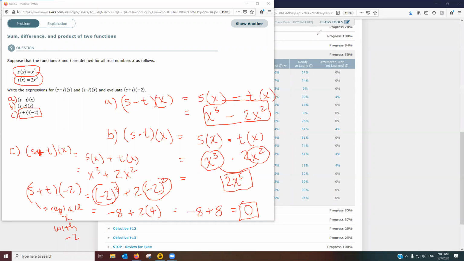Okay. Folks, just a reminder, please remember that you have the explanation available. So when you're working here in ALEKS, please check out the explanation. In this example, the notation they used was a little confusing, so you might not be familiar with this notation. That's where the explanation would be a big help.